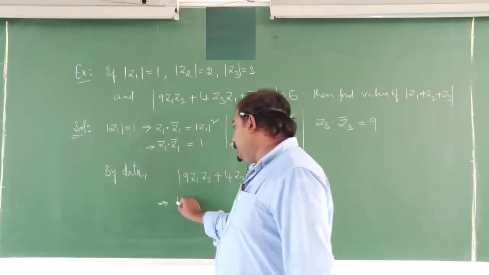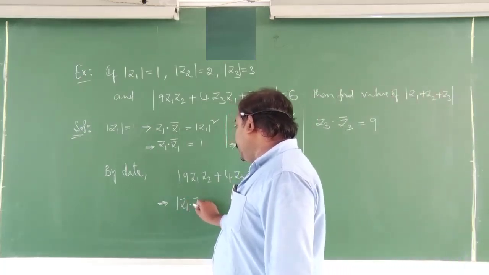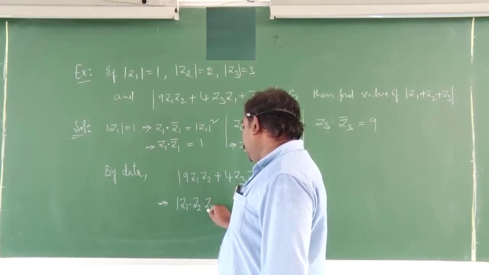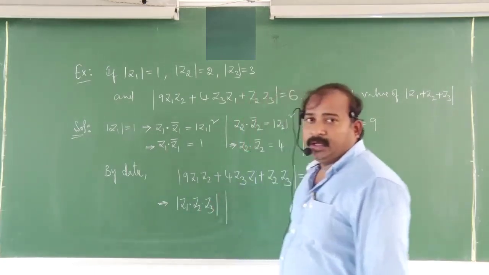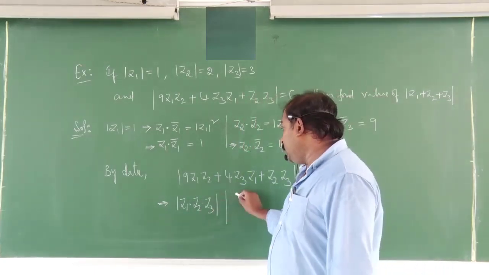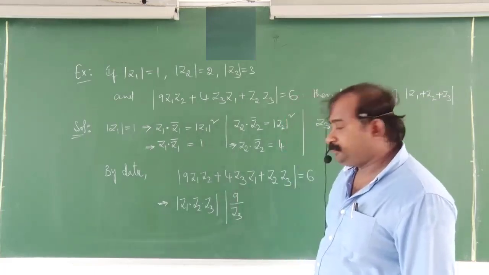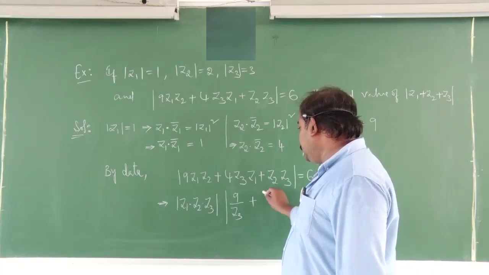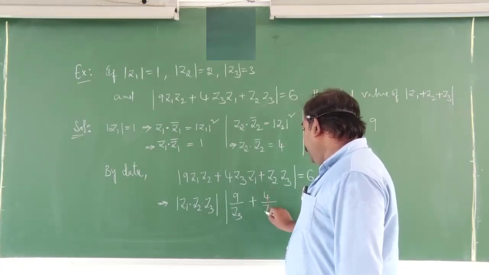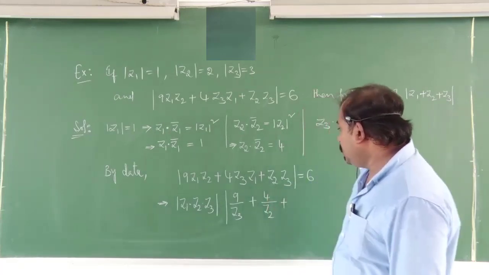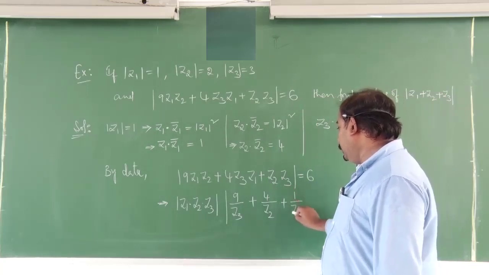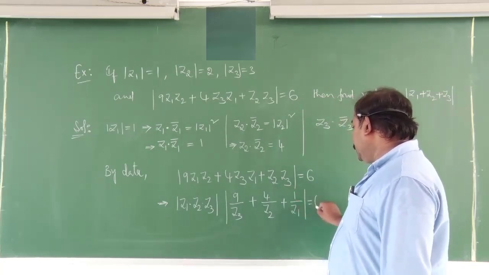If I take this common, then tell me what I get here: 9 by Z3 only, plus 4 by Z2 only, plus 1 by Z1, equal to 6.